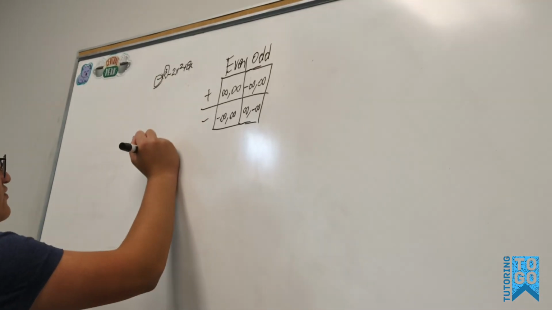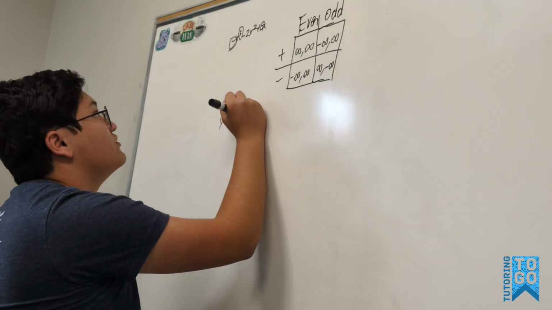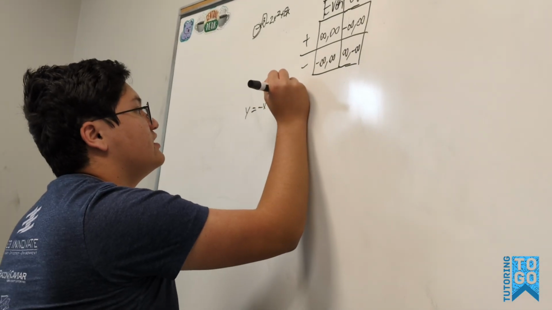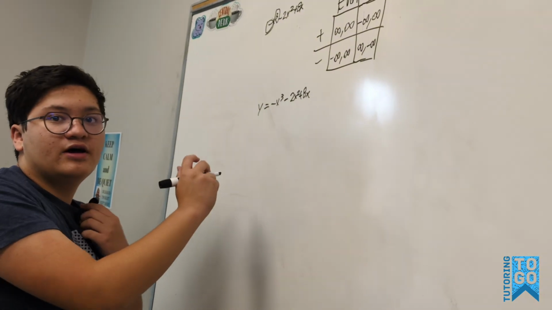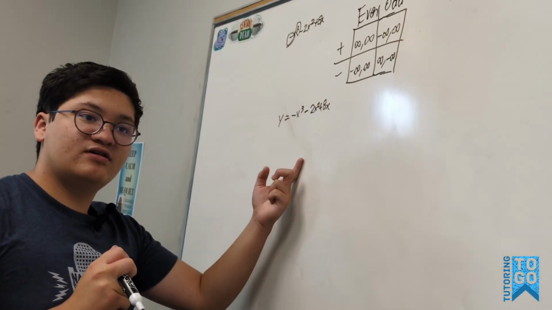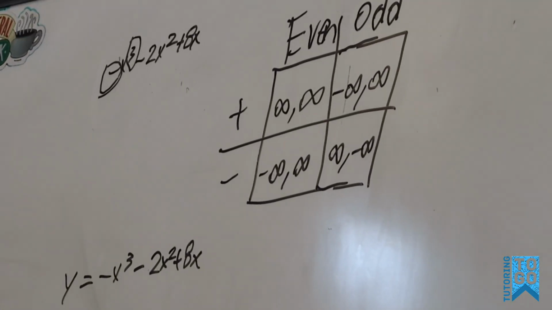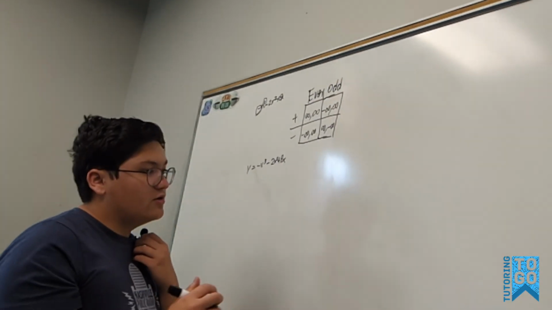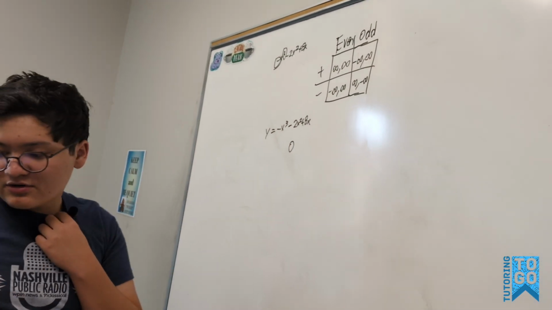We take our equation, y equals negative x cubed minus 2x squared plus 8x, set x to 0, and solve for y. This is basically just finding any term that does not have an x in it, and combining those terms. In this case, our y-intercept is 0.